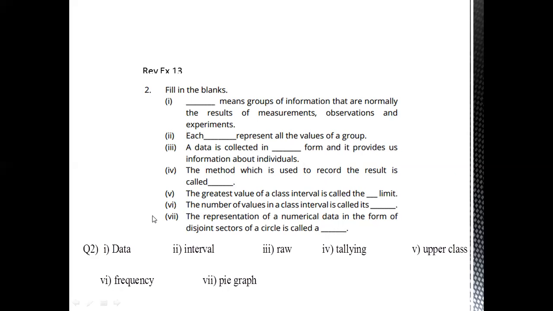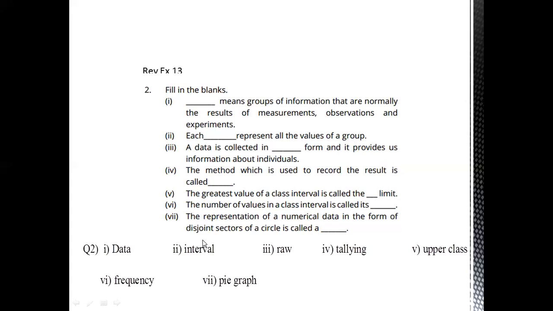Second is: each dash represents all the values of a group. Each interval means the lower limit and upper limit, that each interval represents all values of a group. So in the second blank, what will come?